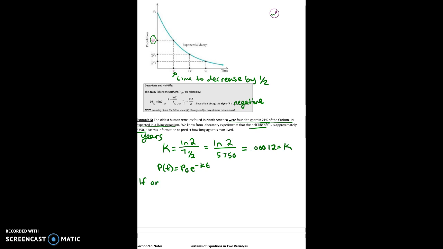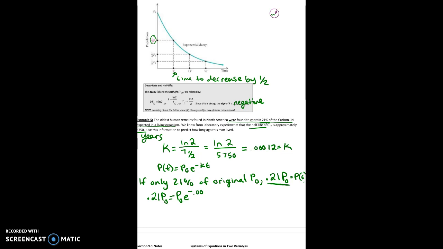So if only 21% of the original P sub 0, it doesn't really matter what P sub 0 is, we can say 0.21 P sub 0 equals P of t, because this is 21% of the original. So that's what I'm going to plug in for P of t. And even though we don't know what the initial amount is, you're going to see it's all going to end up canceling out anyway. So we have 0.21 P naught equals P sub 0, or P naught, e to the negative 0.00012 t.